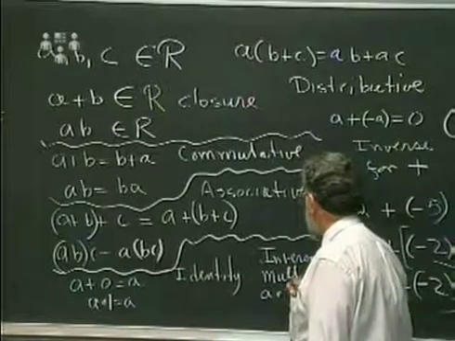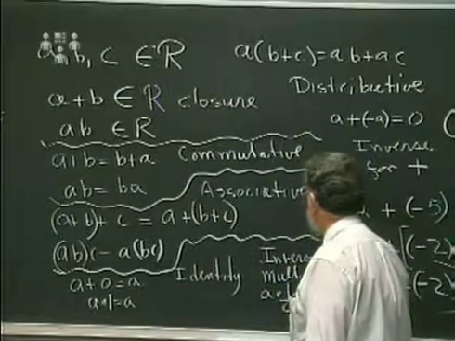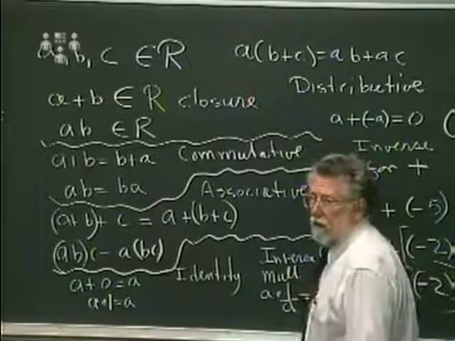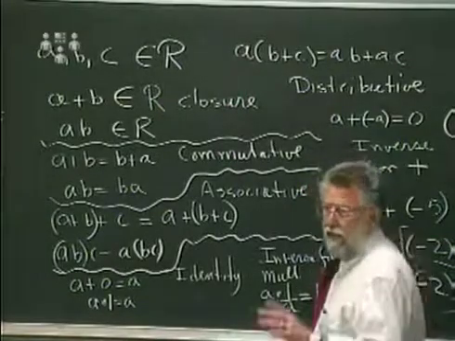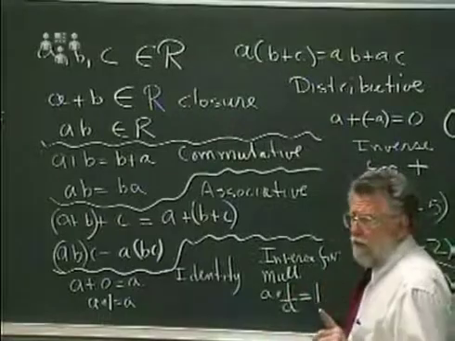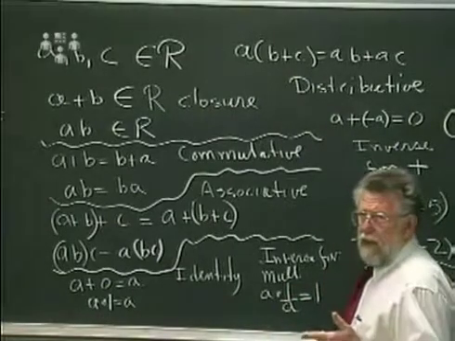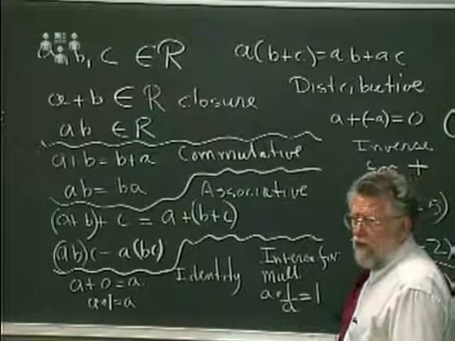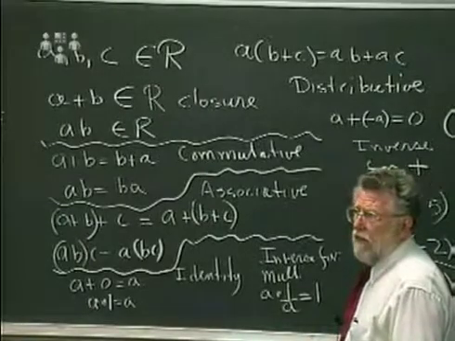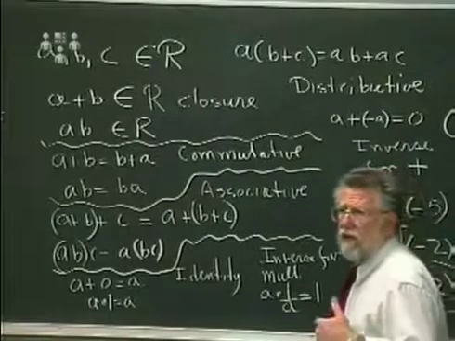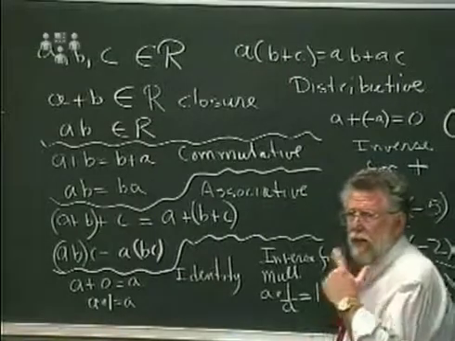A times 1 over A equals 1. For any number I give you other than 0, there is a reciprocal of the number. Okay? So for any number I give you, and I should be done, shouldn't I?